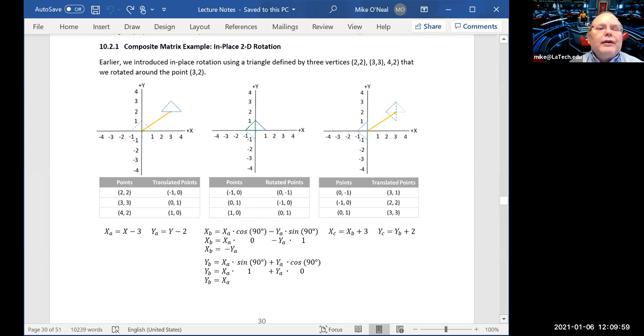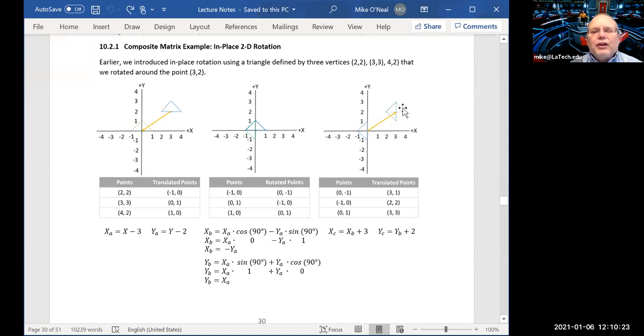Well, if you'll go back and you'll remember, we did an in-place 2D rotation. And we worked through this last time, where we had our little blue triangle and we moved it to the origin, and then we rotated it by 90 degrees, and then we moved the rotated triangle back.